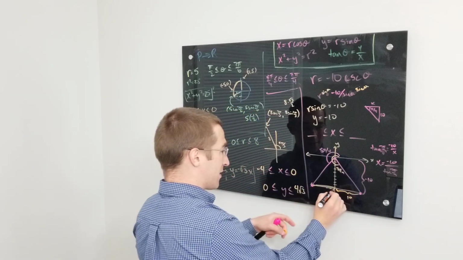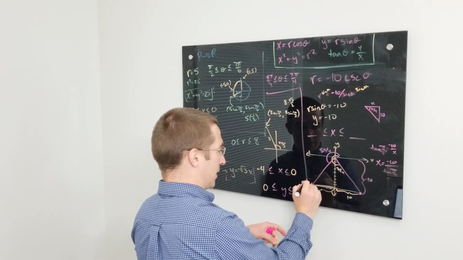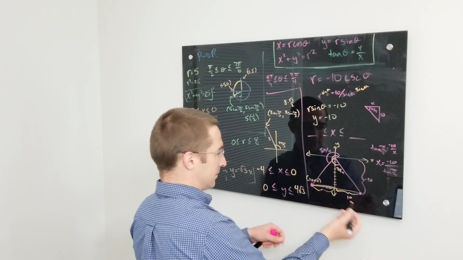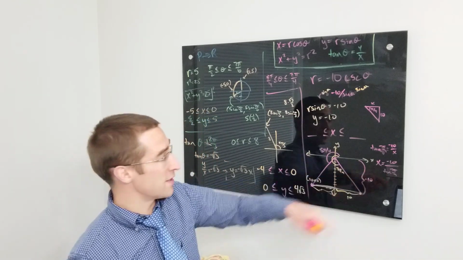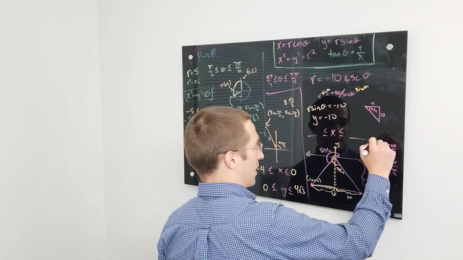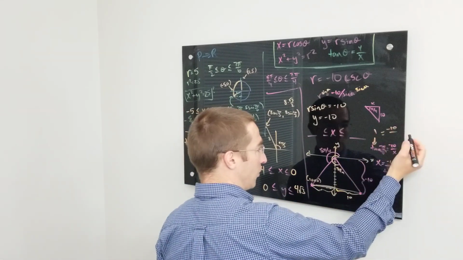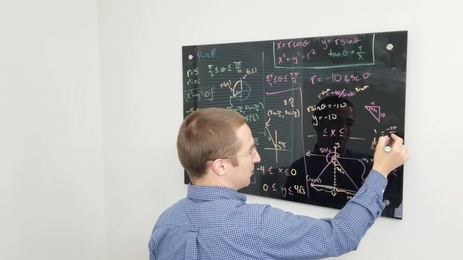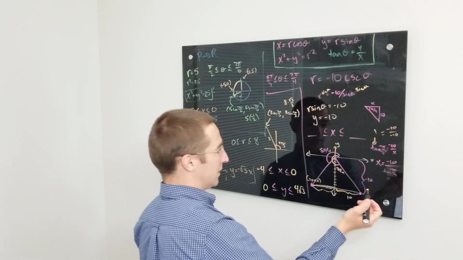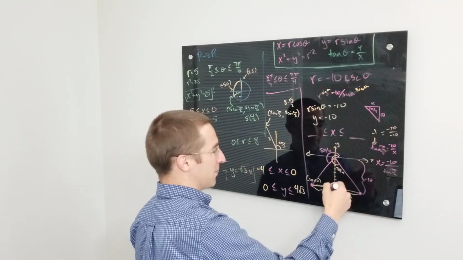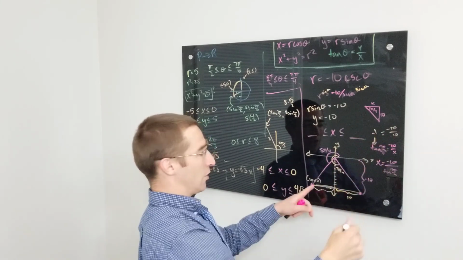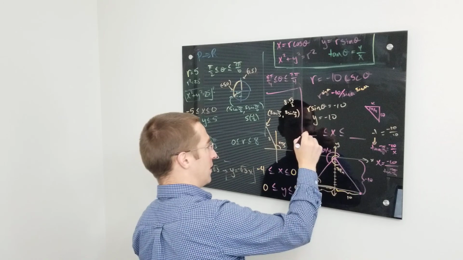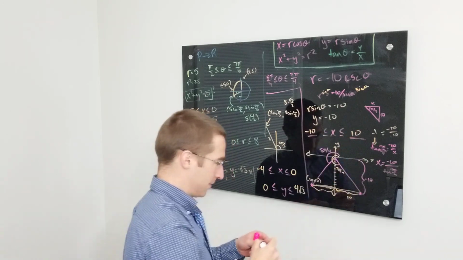And then this goes all the way out to negative 10, comma 10. In general, you would just say 1 equals negative 10 over x. Oh, sorry, it would be negative 1 for that, and here it would be positive 1 for your tangent. So negative 10 to positive 10.